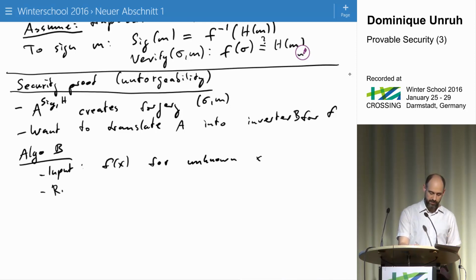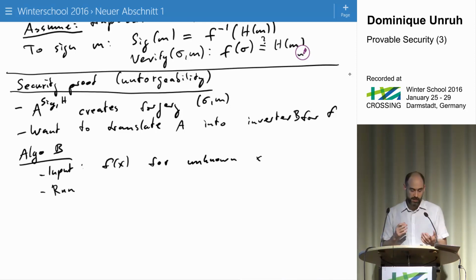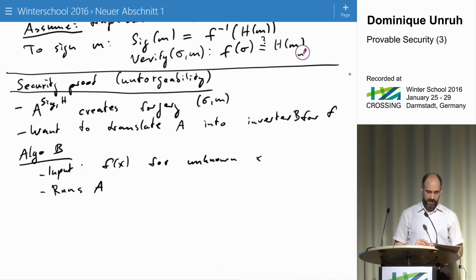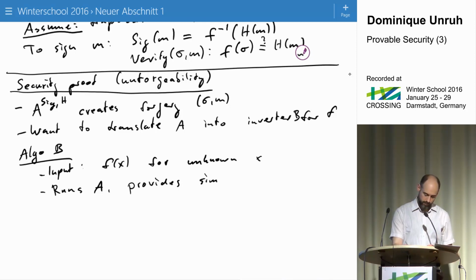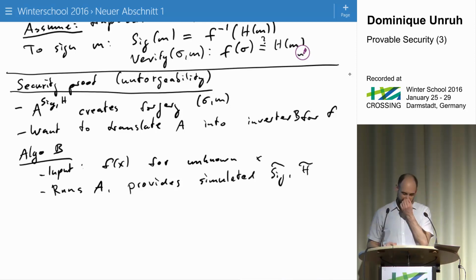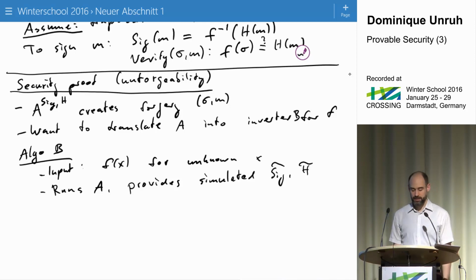He has to use the adversary A in order to somehow attack f. So he runs A, but instead of giving A the normal oracles sig and h, for the signing oracle and the random oracle, he gives simulated oracles, sig tilde and h tilde.